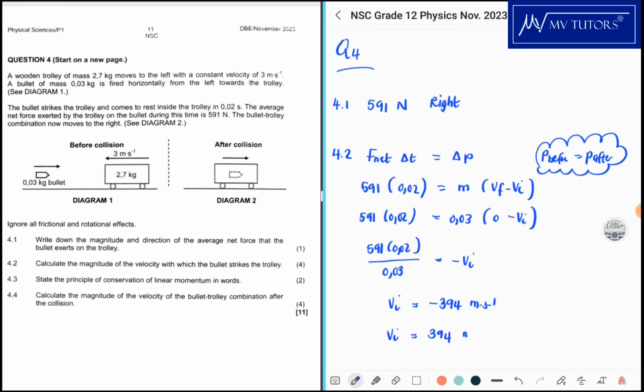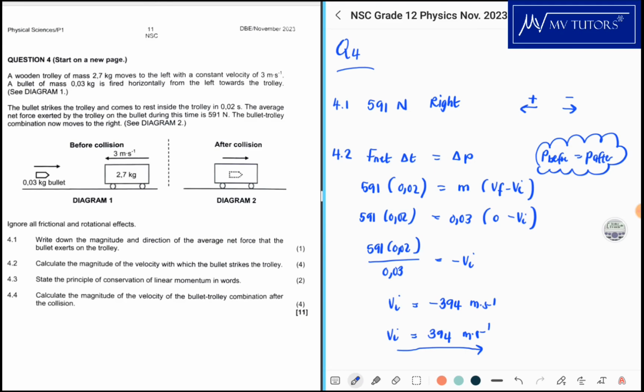But this is 394 meters per second because they want the magnitude. Okay, so I think this net force should be negative because the average net force exerted by the trolley on the bullet was positive 591, meaning positive is in that direction. Okay, and then going to the right means it's more of your negative. So hence the negative that we calculated there, 394 meters per second.